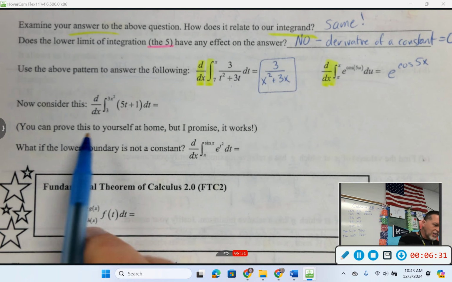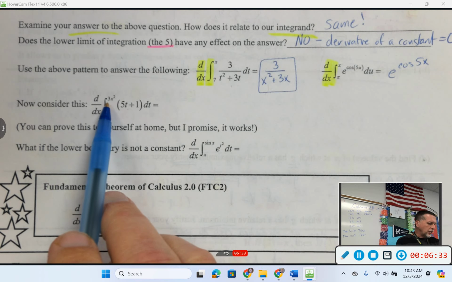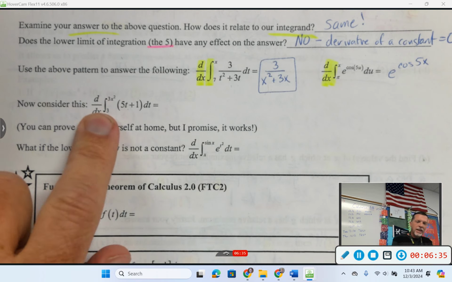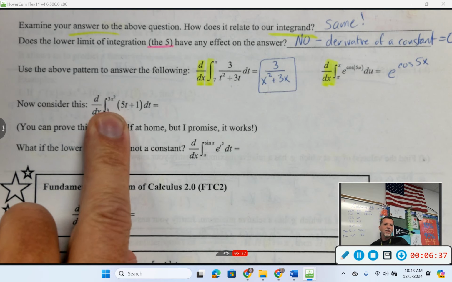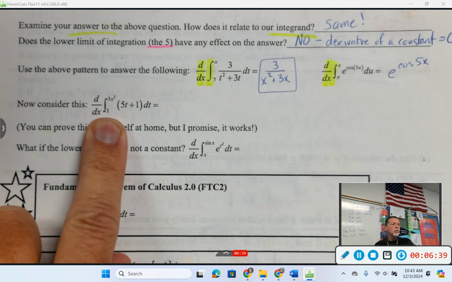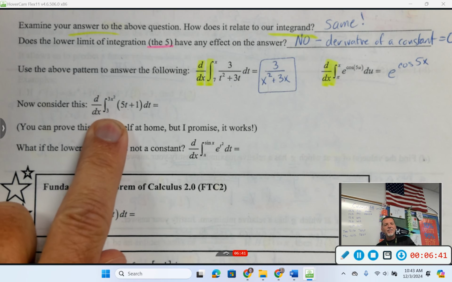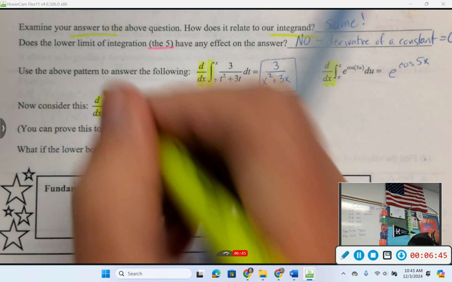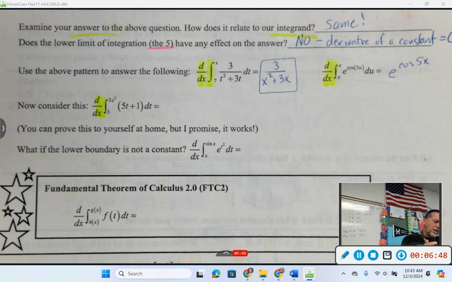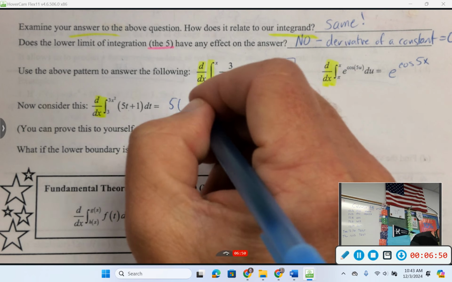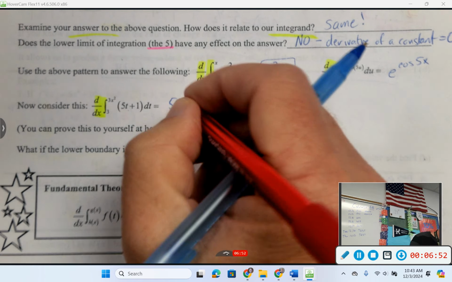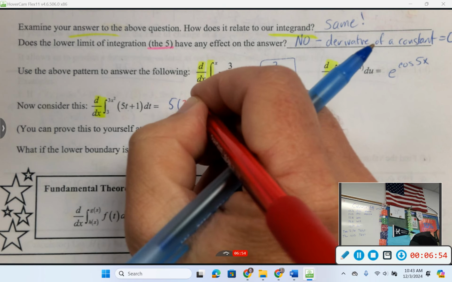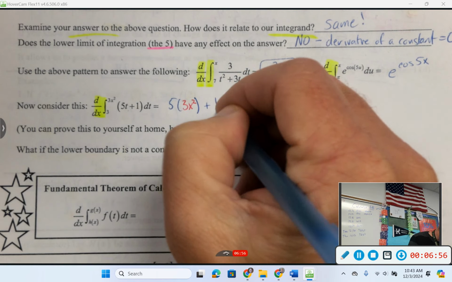The trick is, if the top is something a little more complicated, like it's not just an X, I mentioned this already, what do you think the answer is going to be? Like you're going to be pretty close. Okay, so let's plug in the 3x squared. I like that. Plus 1.